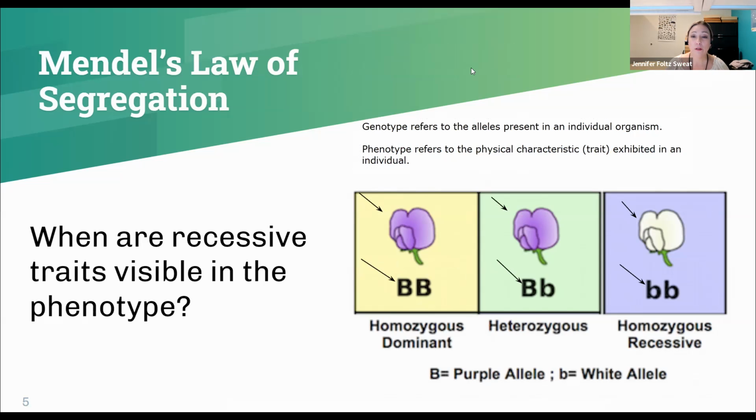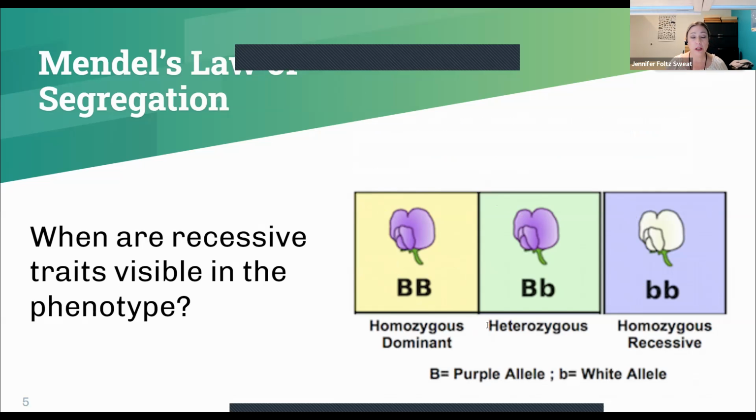Now, I also have written down homozygous dominant, heterozygous, homozygous recessive. So think about the root of these words. Homo means the same. So homozygous means the individual has 2 of the same alleles.